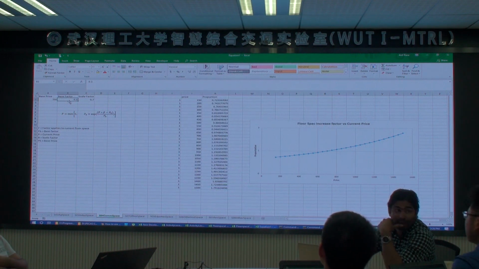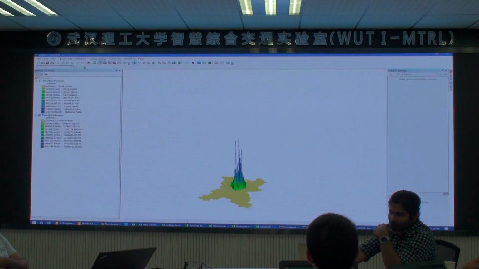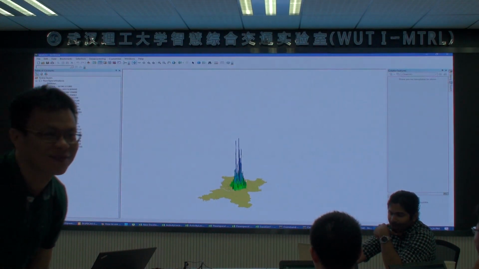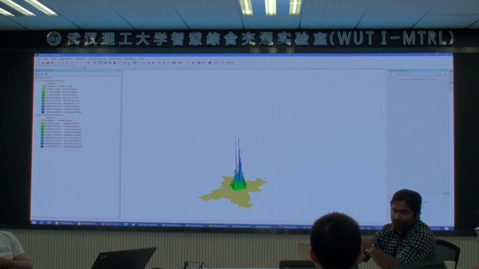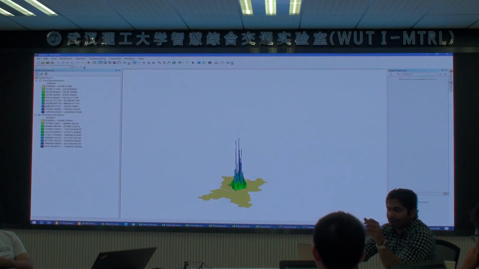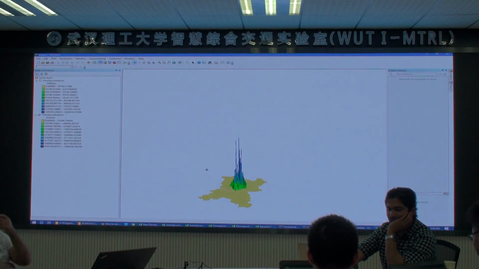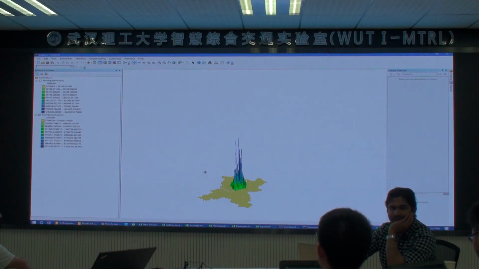So we use these functions to generate the space quantities in the model, which are the space quantities you are seeing here. This makes sense, because most of the time the prices are very high in the city center, so developers come and develop more space there. These are the two main files we use for most of the policy analysis and also for forecasting. Do you have any questions on this file?